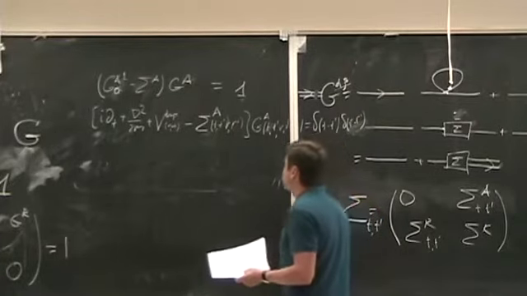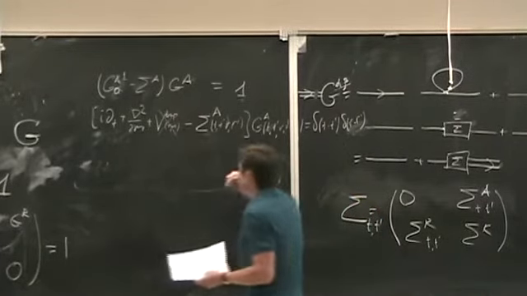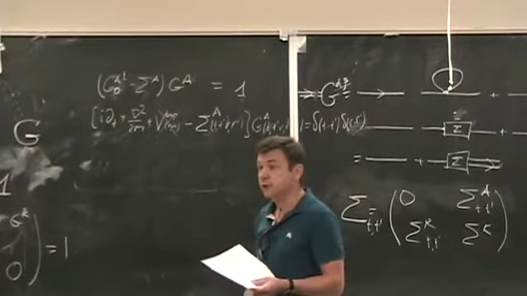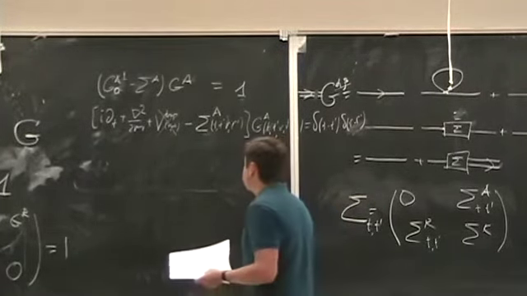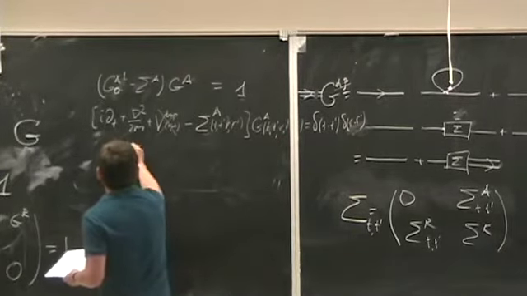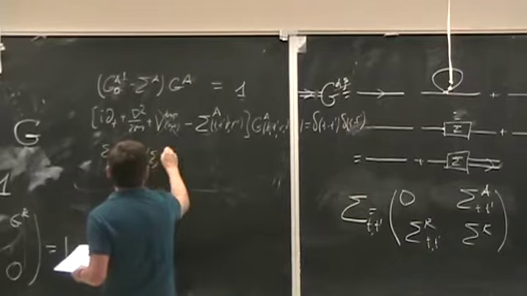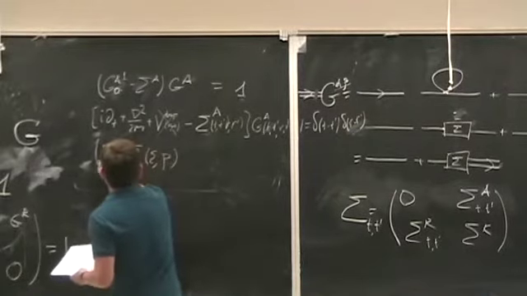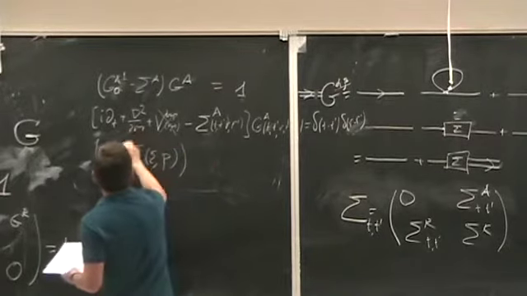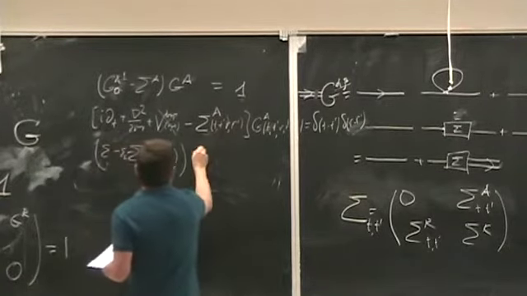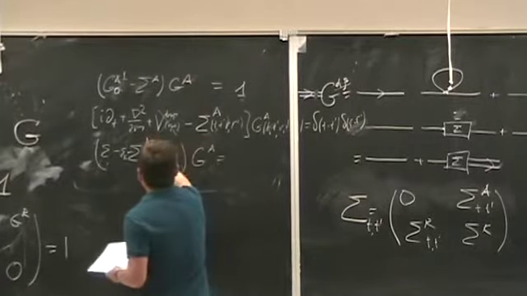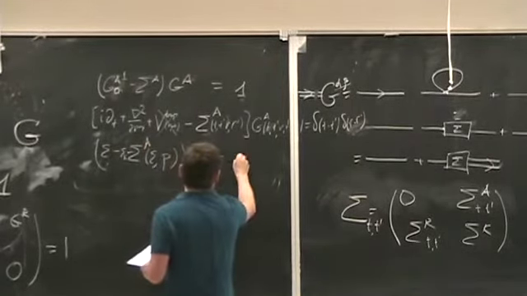In particular, if I don't have a trap potential and everything is stationary and translation invariant, then I can go to Fourier space and my life becomes relatively easy. I can write epsilon minus epsilon k, times G advanced, is equal to 1.